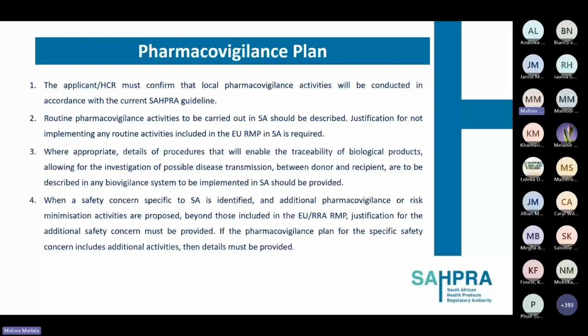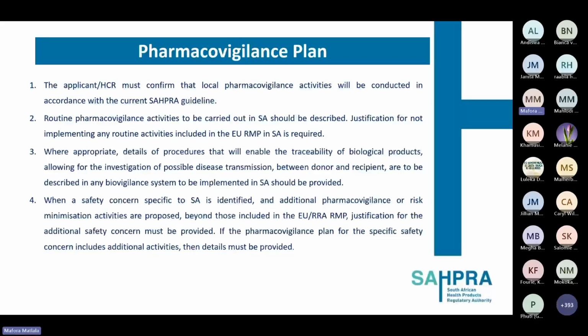Where appropriate, details of procedures that will enable the traceability of biological products, allowing for investigation of possible disease transmission between the donor and the recipient, are to be described in any biovigilance system to be implemented in South Africa.